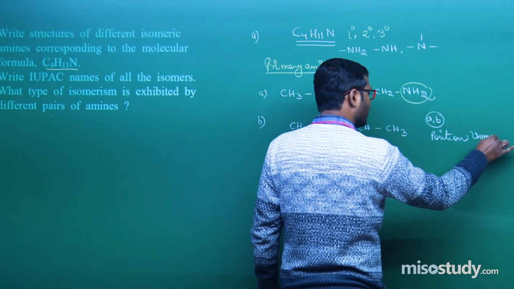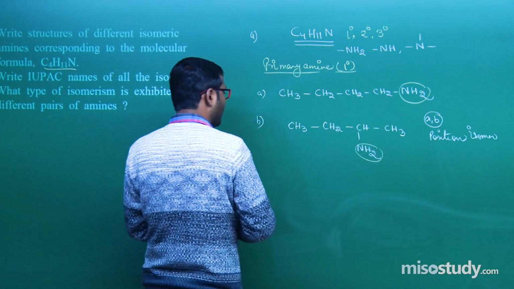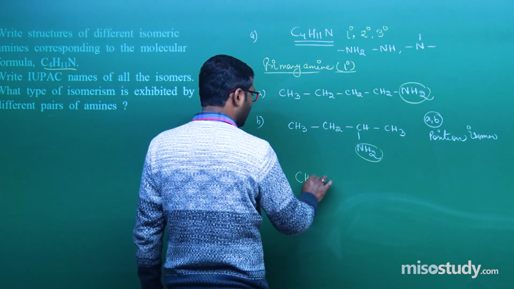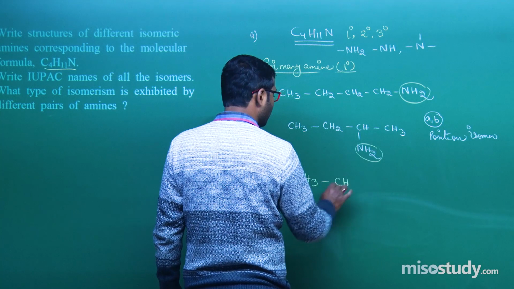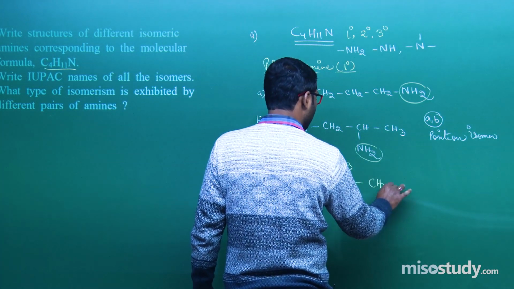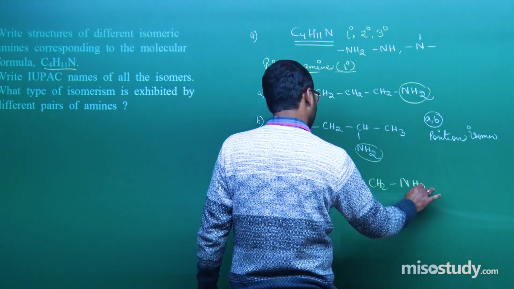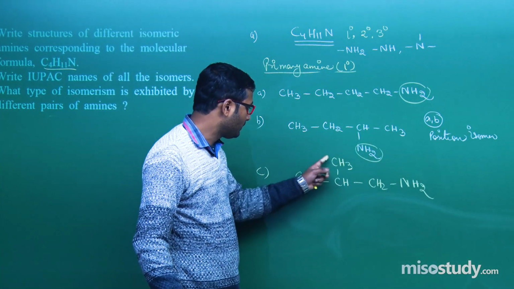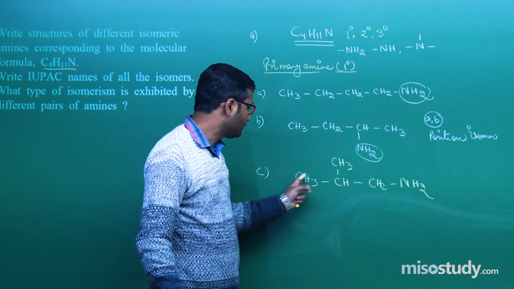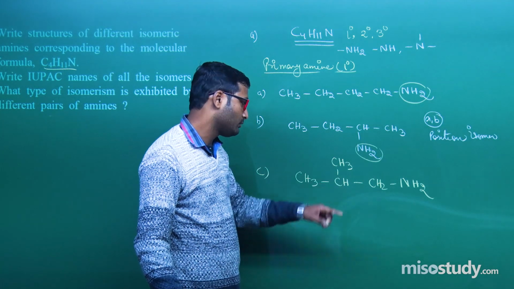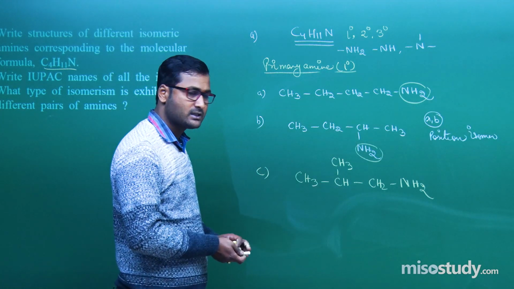Okay, position isomer. Now next, if I draw the next figure, we can write like this: CH3, CH, CH3, then CH2, then NH2. Clear? Now what is the name of this compound?